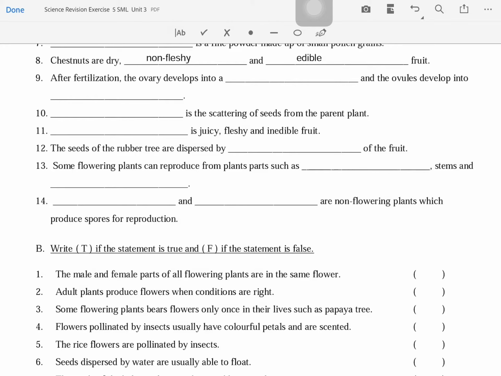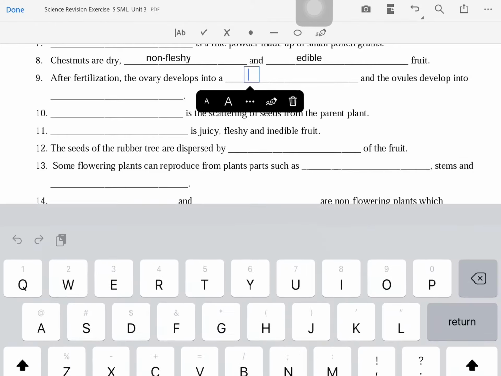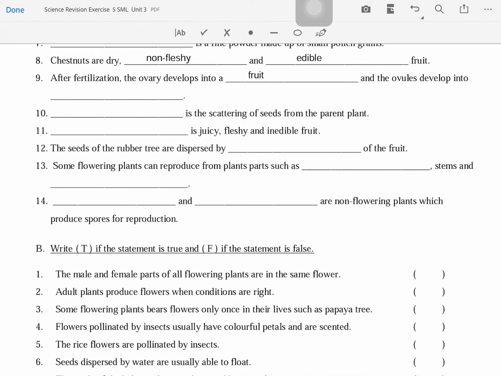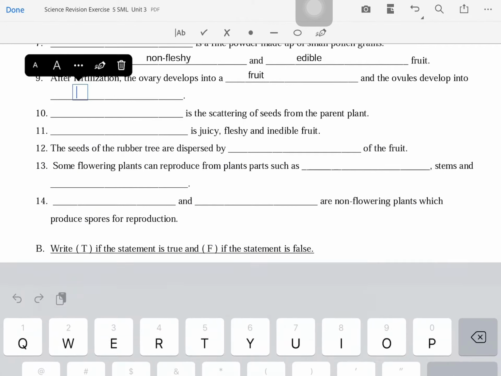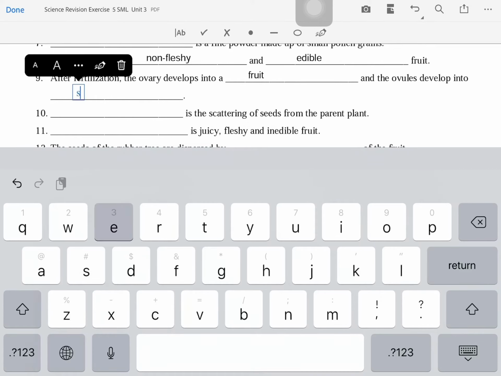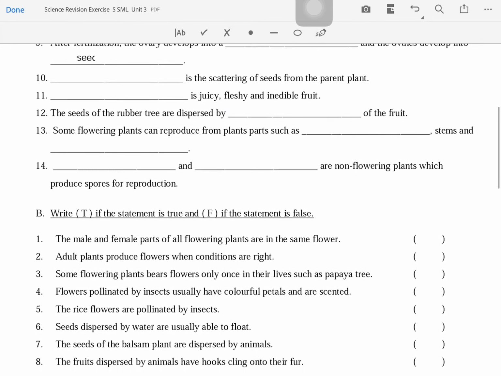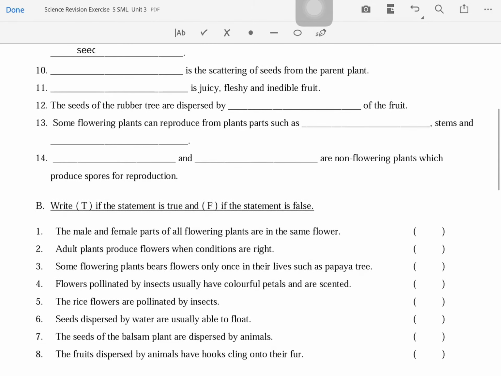After fertilization, the ovary will develop into a fruit, and the fruit usually holds the seed. The ovules will develop into seeds so that they can continue to reproduce.